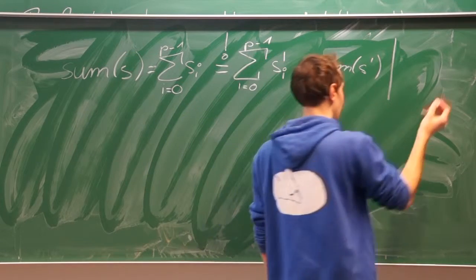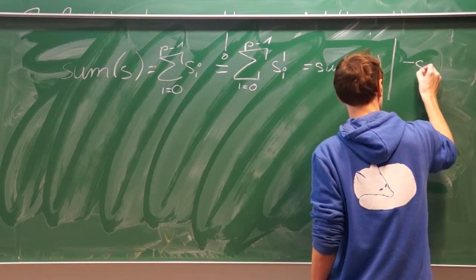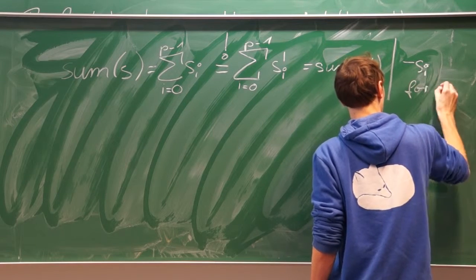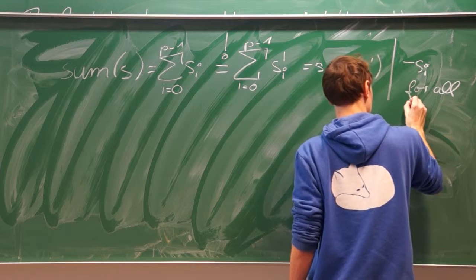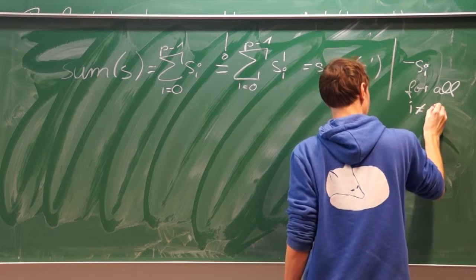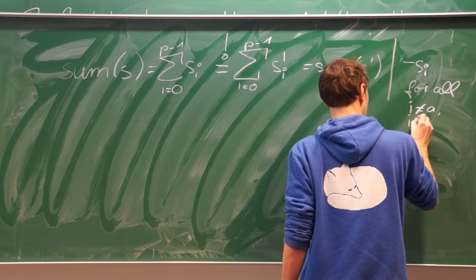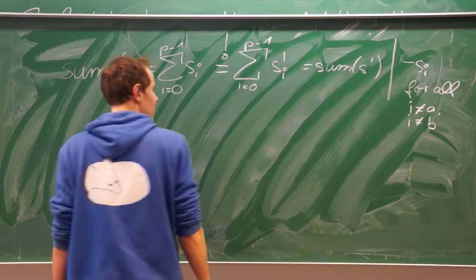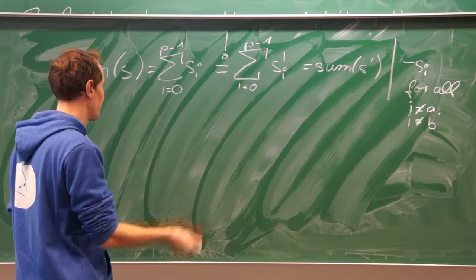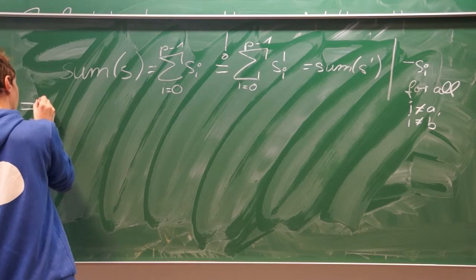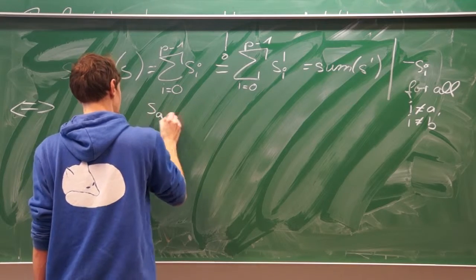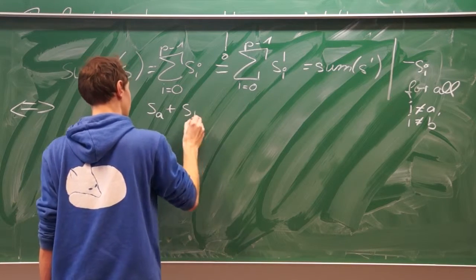So I write down minus S_i for all i which are not equal to A and not equal to B. So I end up with S_A plus S_B.